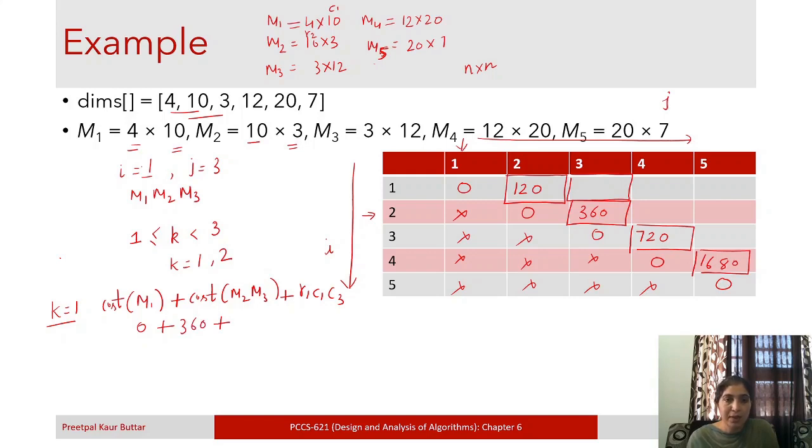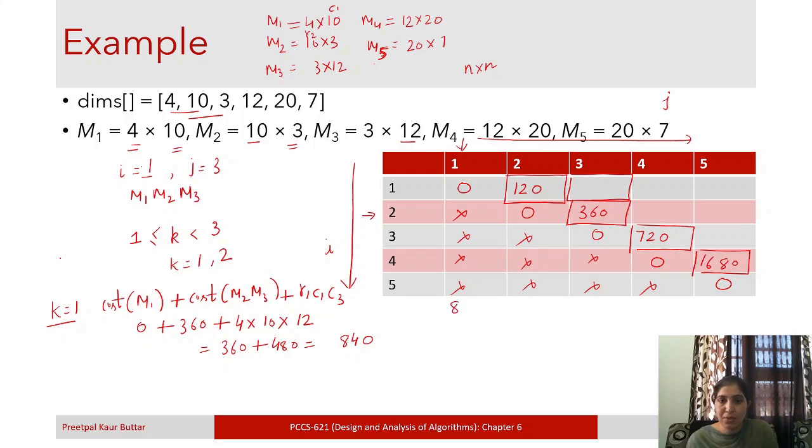So r1 is 4, c1 is 10 and c3 is 12. Okay, so the overall cost will be 0 plus 360 plus this is 480, I think. So the overall cost, it will be 840, okay, when k is 1.